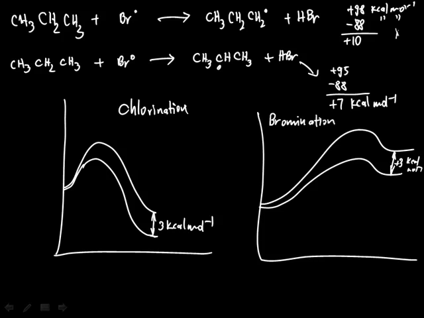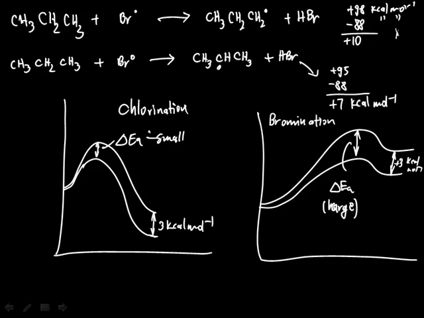And the reason for this selectivity lies in the difference in activation energies. In the case of chlorine, this difference is relatively small. In the case of bromine, this difference is relatively large. Okay?